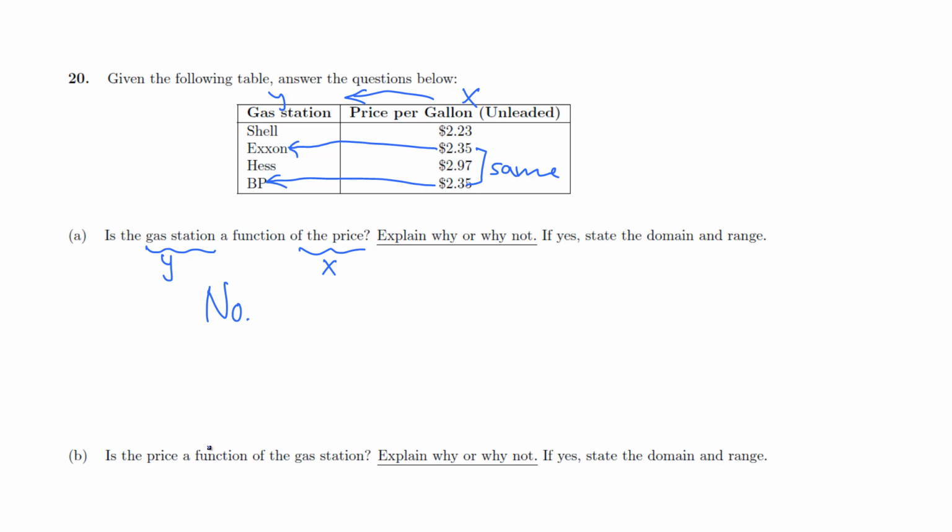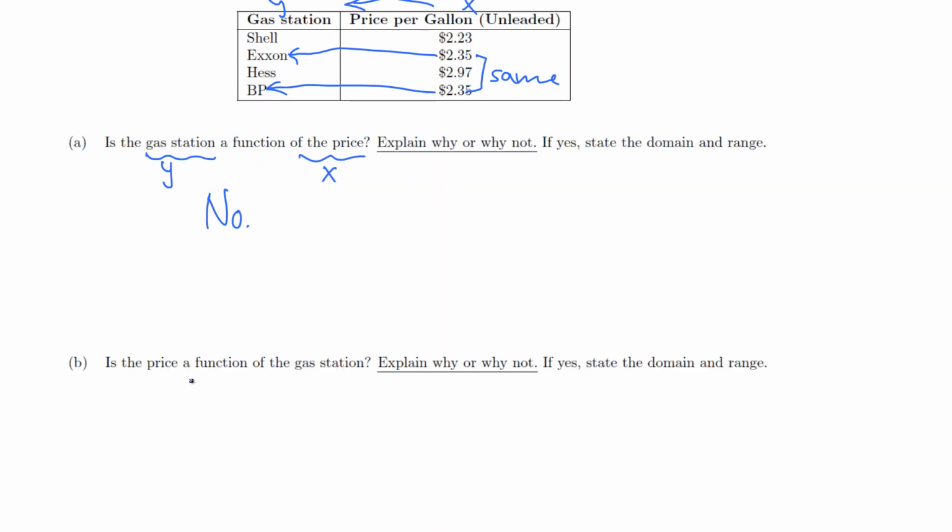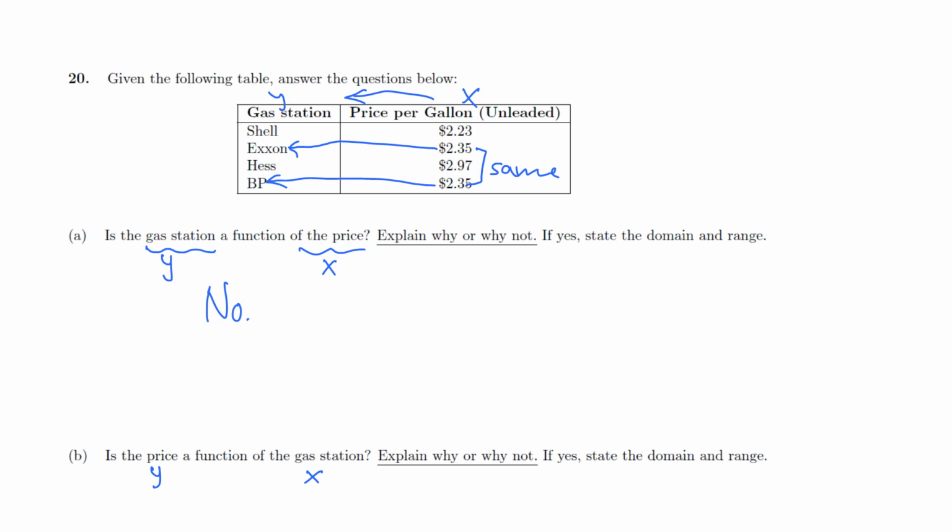Now the other way around. Is the price a function of the gas station? So we need to reverse direction now.